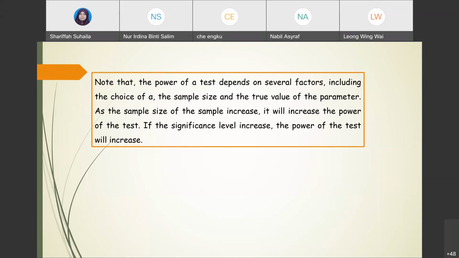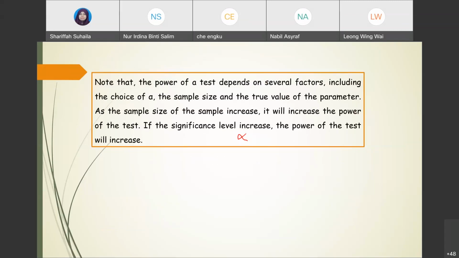Okay, so semakin besar, katakan kita compare n equals to 10 dengan maybe n equals to 30, maybe the power of the test will be more precise when your sample size is increasing. And then one more thing, if the significant level is increased, maksudnya kau punya alpha ni increase, the power of the test also will increase. Yeah. So that one.